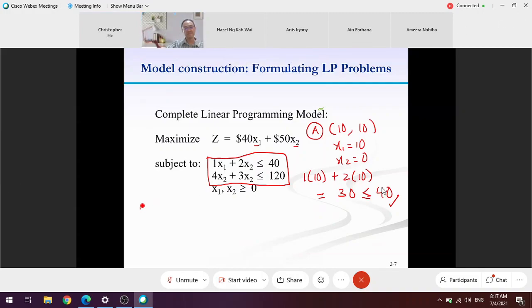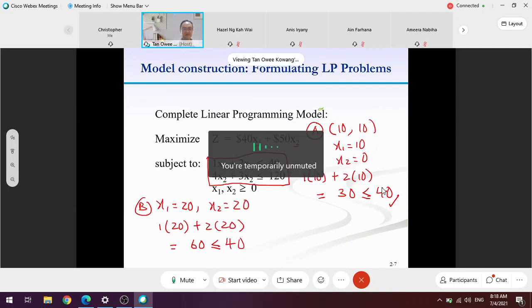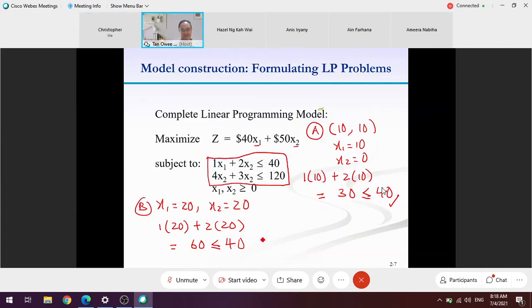If I replace x1 with 20 and x2 with 20, what will I get? 1 times 20 plus 2 times 20, so this is equal to 60. Is 60 smaller than 40? Crazy, is it? No, right? 60 is not. So this is infeasible.